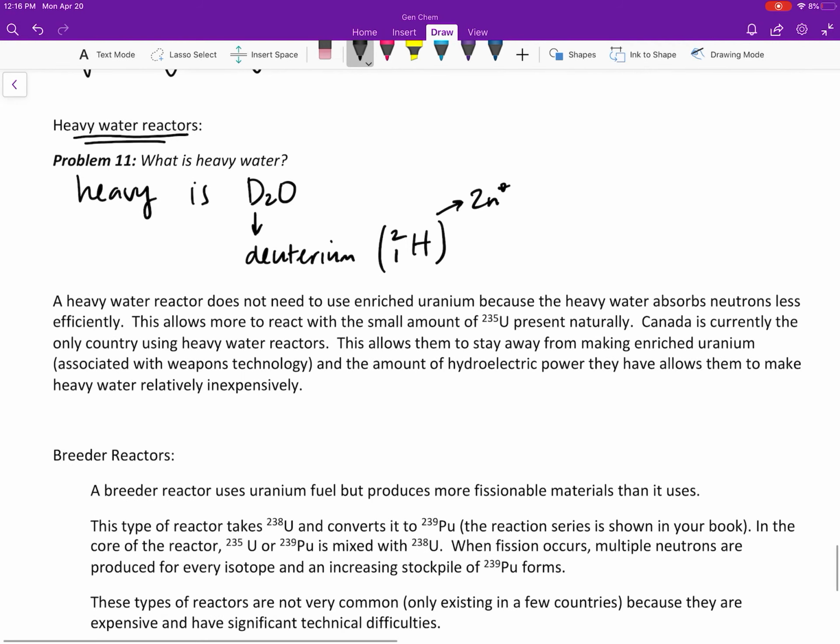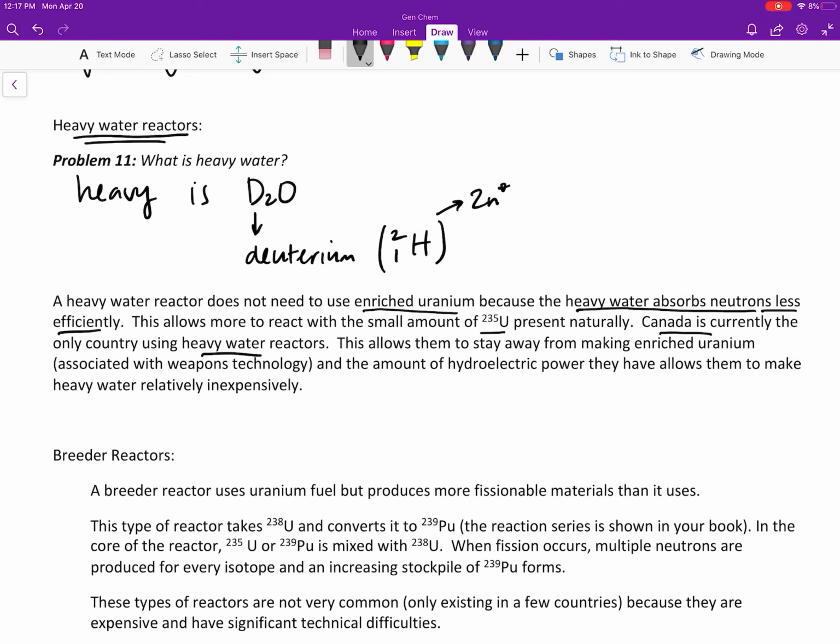A heavy water reactor does not need to use enriched uranium because the heavy water absorbs neutrons less efficiently, so it's not stealing energy from the uranium. This allows more to react with the small amount of uranium present naturally, so it means less uranium, less danger. Canada is currently the only country using a heavy water reactor, as of the print of the book, which has been a few years.